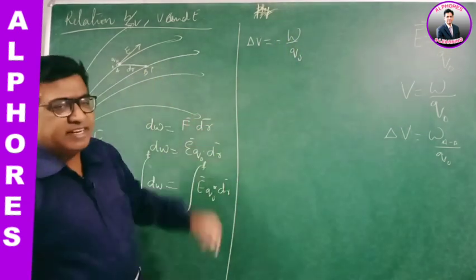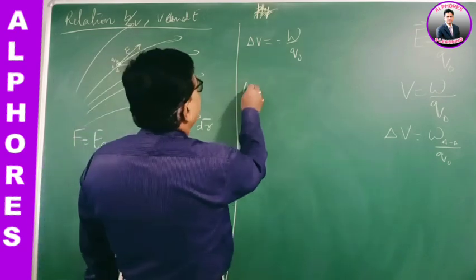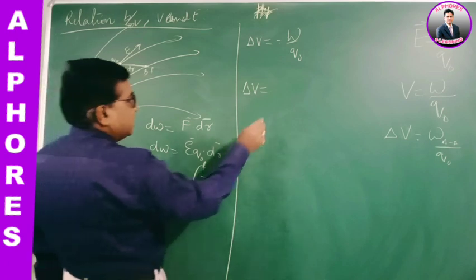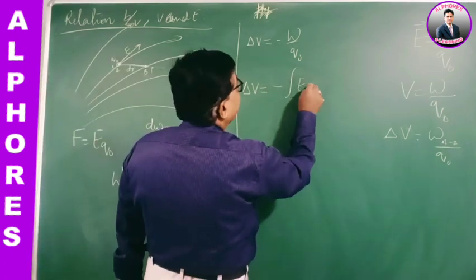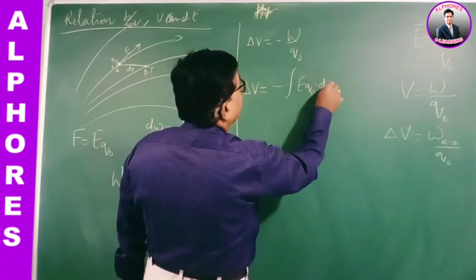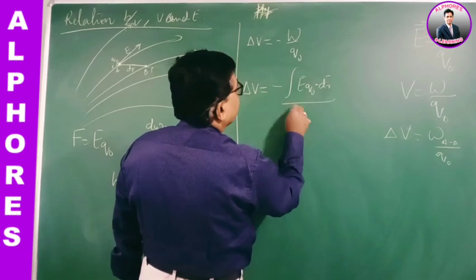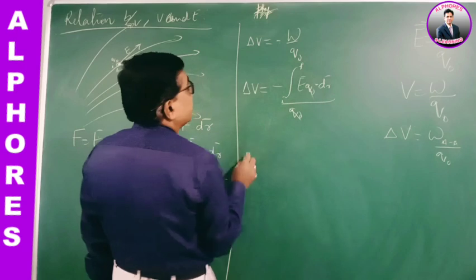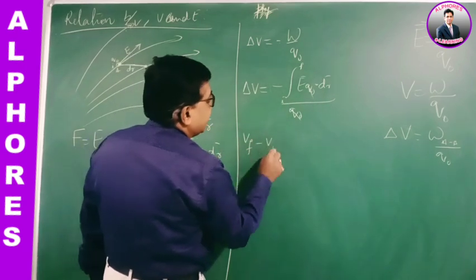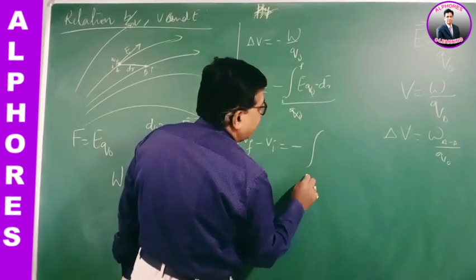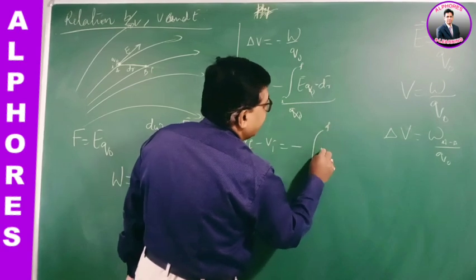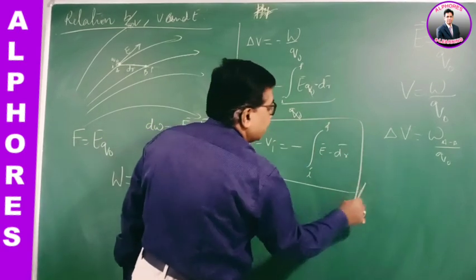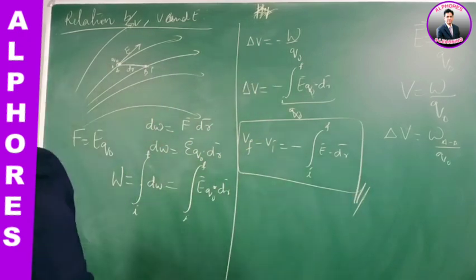Delta V is minus W by Q0. So the potential difference between two points is minus the integral of EQ0 dot dr by Q0. Q0 cancels. So final potential minus initial potential is minus the integral of E dot dr from initial to final. This is the relation between potential difference and electric field.